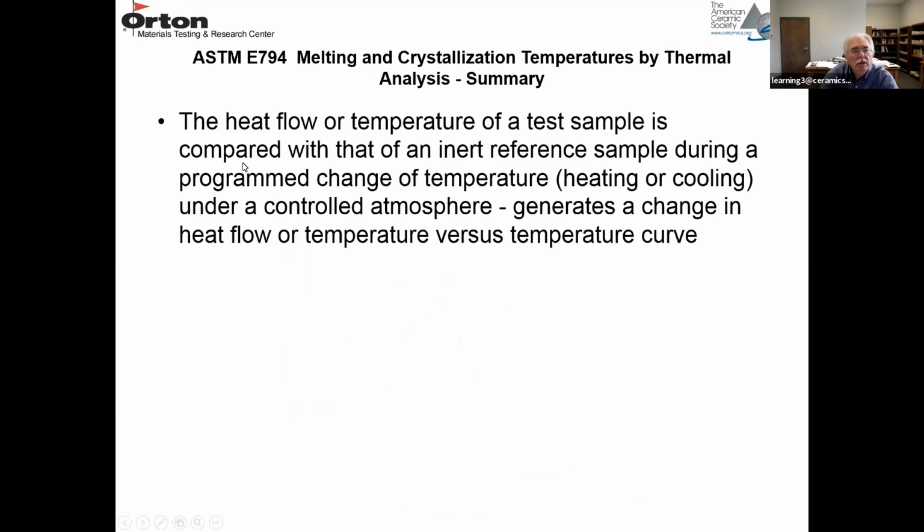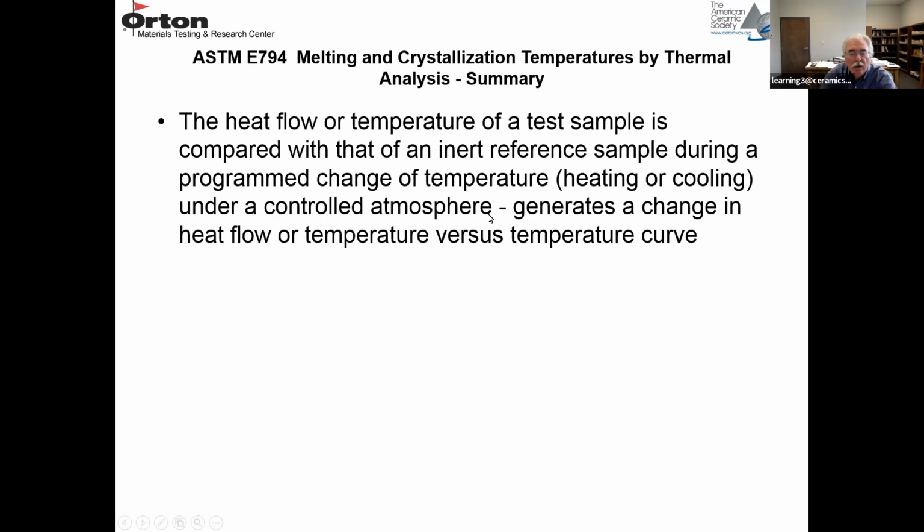So very simply, the heat flow or temperature change of a test sample is compared to that of an inert sample during some programmed change in temperature. So you can heat it, you can cool it. You usually do this under a controlled atmosphere.